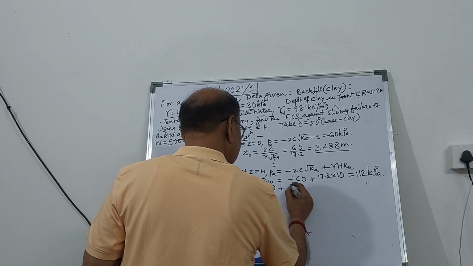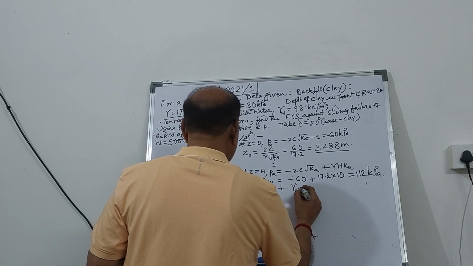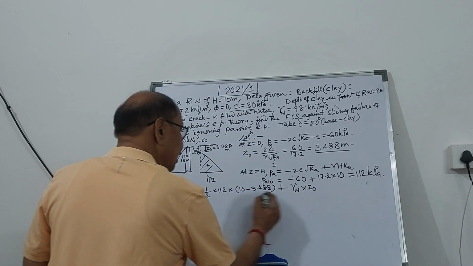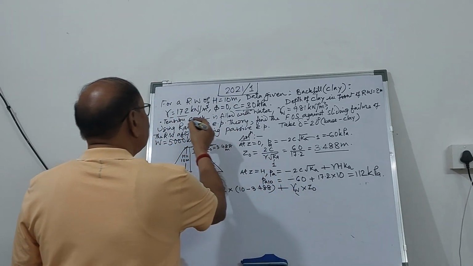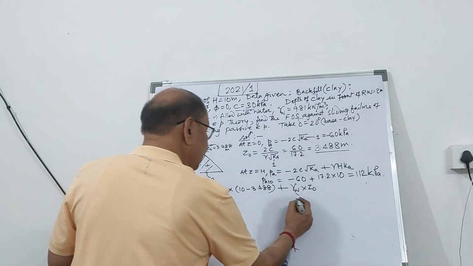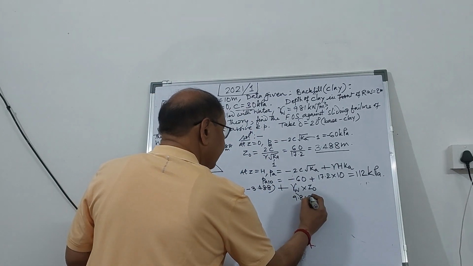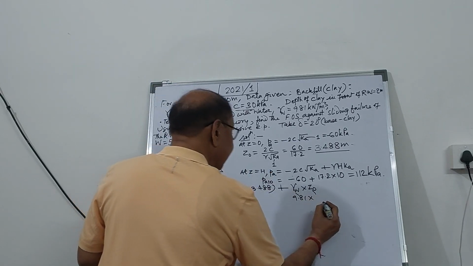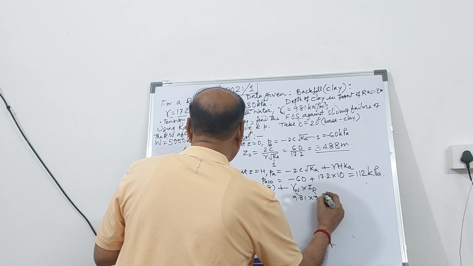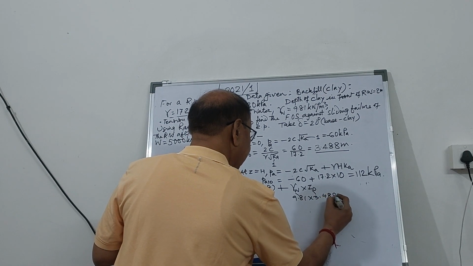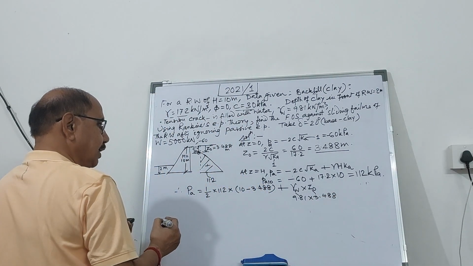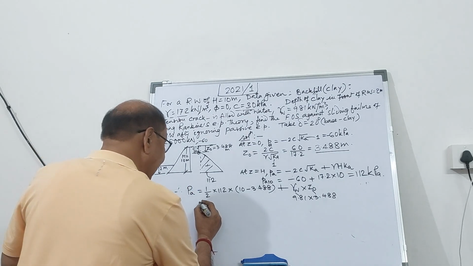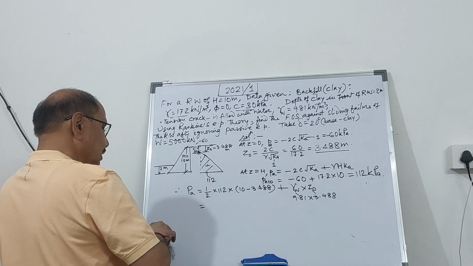So this will be gamma W into Z0. Gamma W is given in the problem as 9.81 and Z0 we have computed as 3.488, right? So this is going to be additional pressure due to the crack getting filled with water.